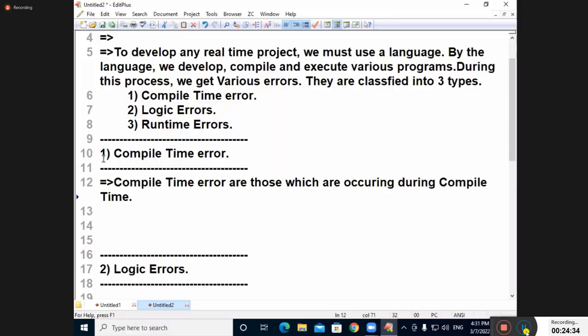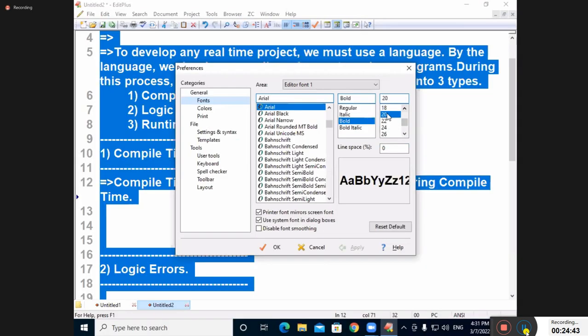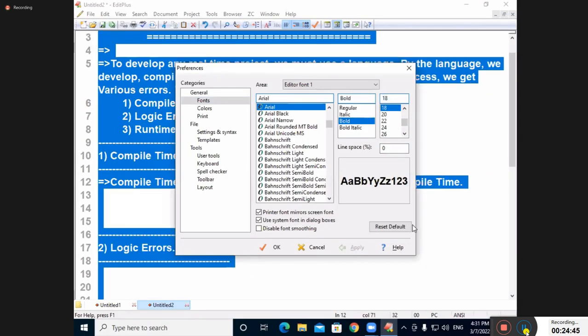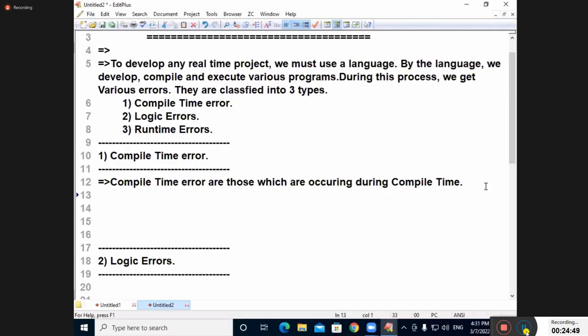Can anybody answer me? I just want to give you some small awareness. What is meant by compile time? Do you know compile time? Python, come on. Okay, good. That is nice.